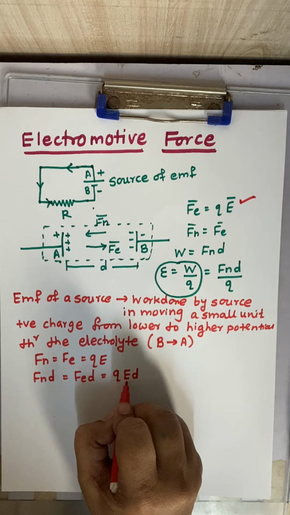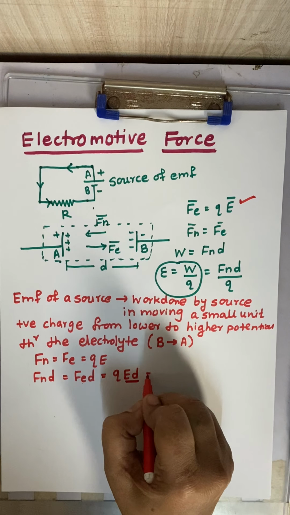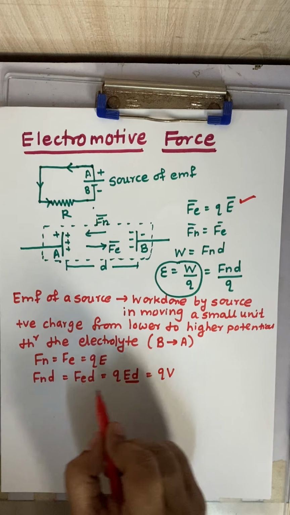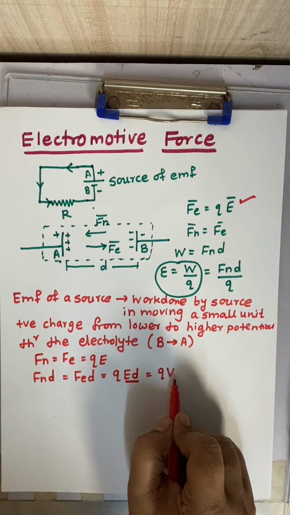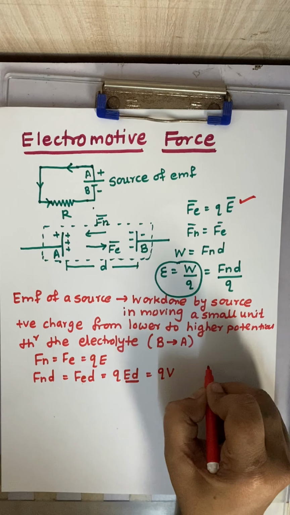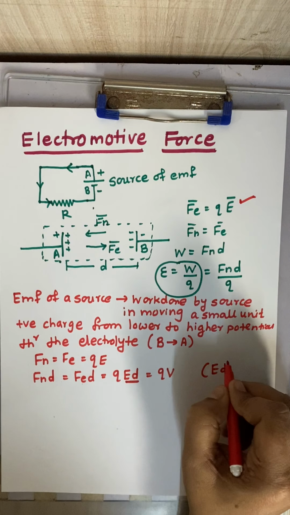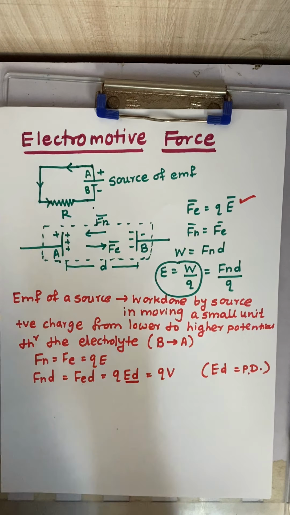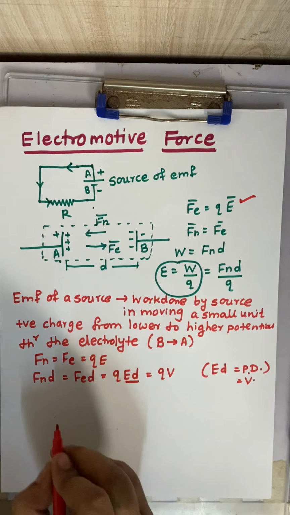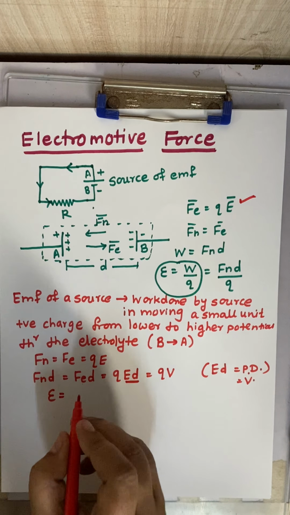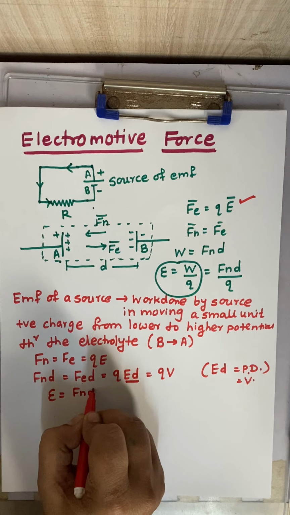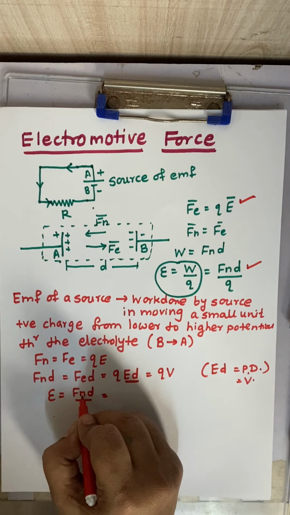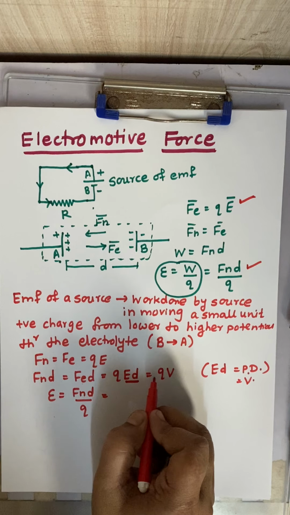Now we have studied that E into d is nothing but a voltage or potential. So this is equal to QV, because E into d is the potential difference between the two terminals, which we call V. So EMF E is equal to Fn d divided by Q, and Fe d is nothing but QV.